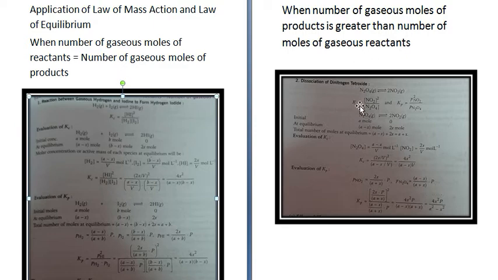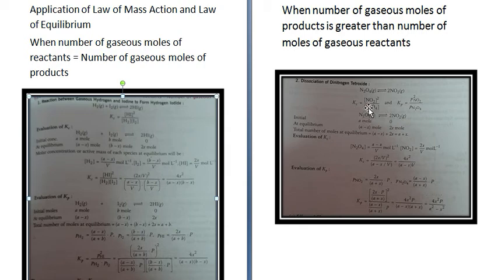Next is when the number of gaseous moles of product is greater than the number of moles of reactants. Here we take the dissociation of dinitrogen tetroxide: N2O4 giving 2NO2.